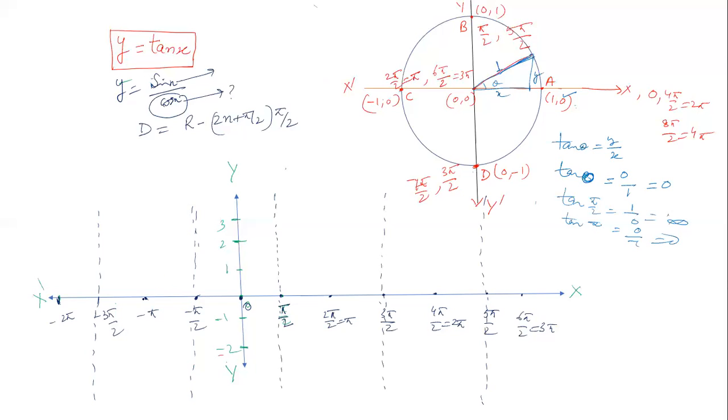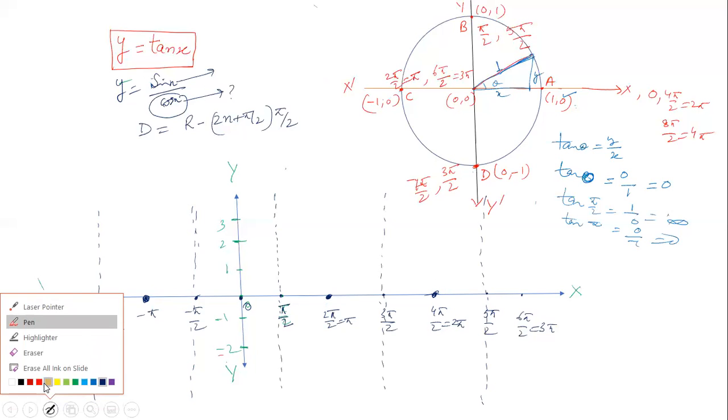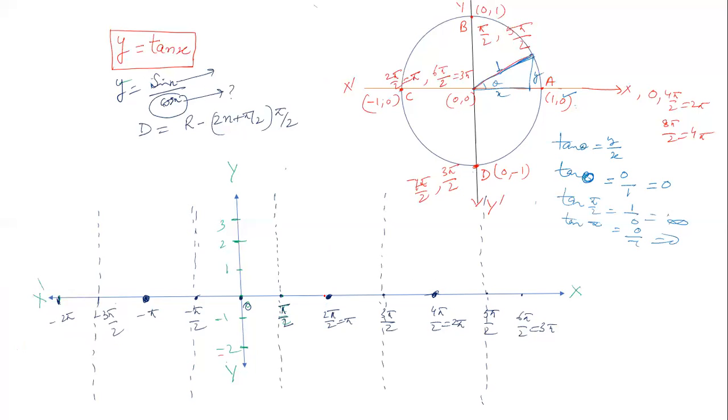Whenever we have a multiple of pi, that is pi, 2 pi, 3 pi, 4 pi, and so on, the value is 0. At pi it will be 0, at 2 pi it will be 0, at 3 pi it will be 0, and at minus pi it will be 0.